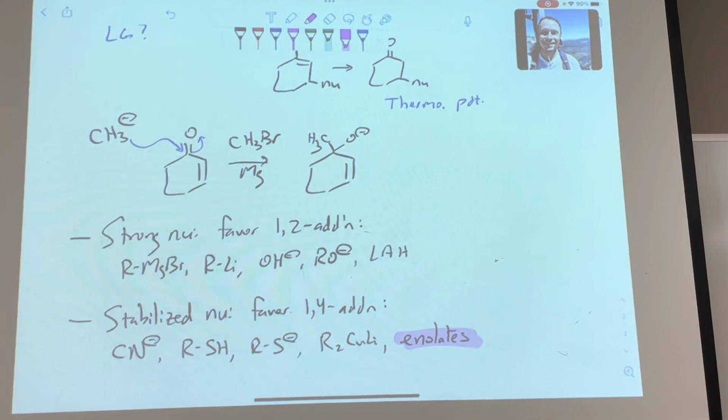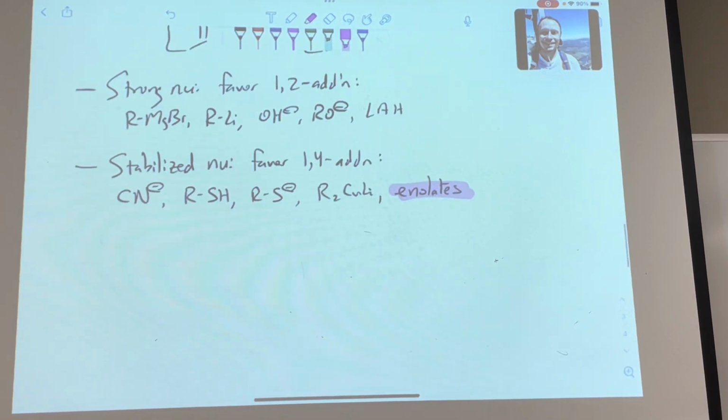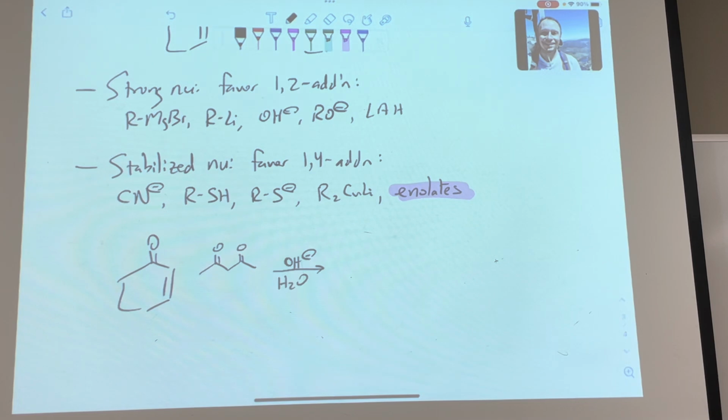So let's go ahead and look at a specific example. If I were to take my Michael acceptor that we've been looking at so far and treat this with, say, hydroxide, hydroxide is going to deprotonate the Michael donor and give you that.